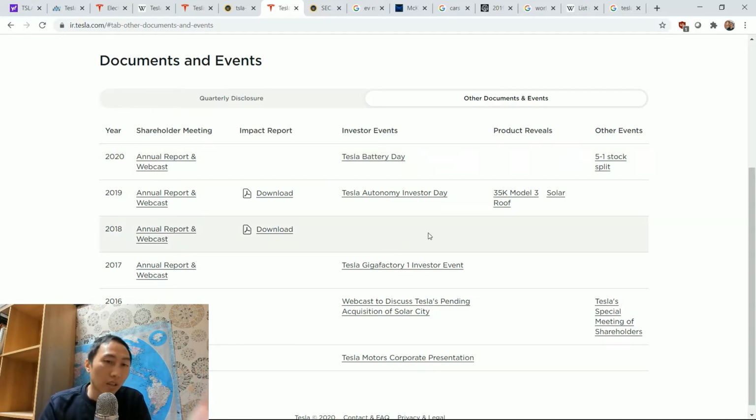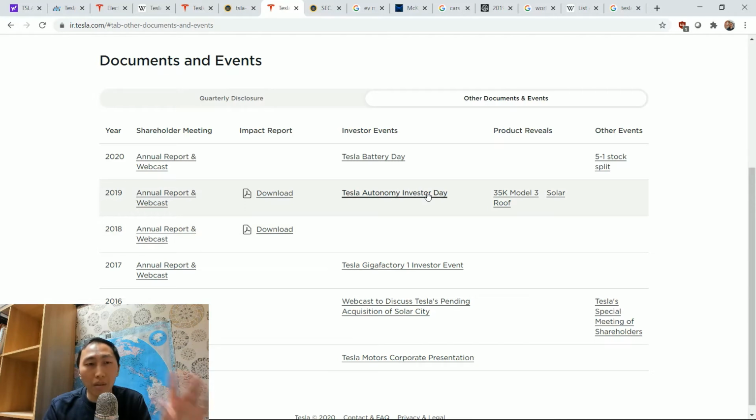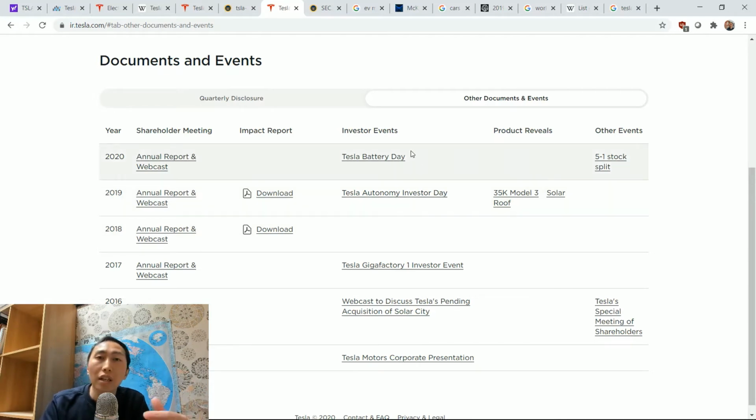It looks like they didn't really have one in 2018, but 2019, 2020, you would have gotten a great idea from these presentations of what the future of the company would be. And also they have product reveals where we have a 35K Model 3, the solar roof, and those were the products that led the way this year and will be leading the way forward for many years to come, right?